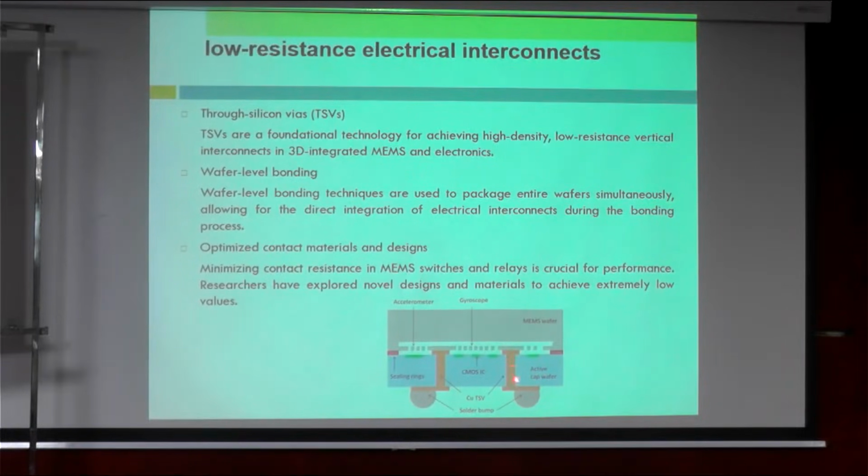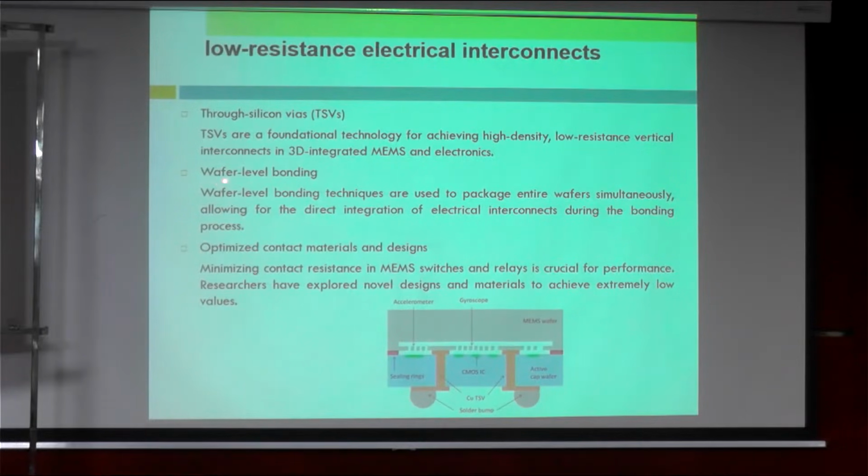If this is not connected through through silicon via, you might use wire bonding, or some other means to connect electrically. But with through silicon via, you can just stack this together, and the footprint is small and the interconnects are short, so that you can improve the performance.